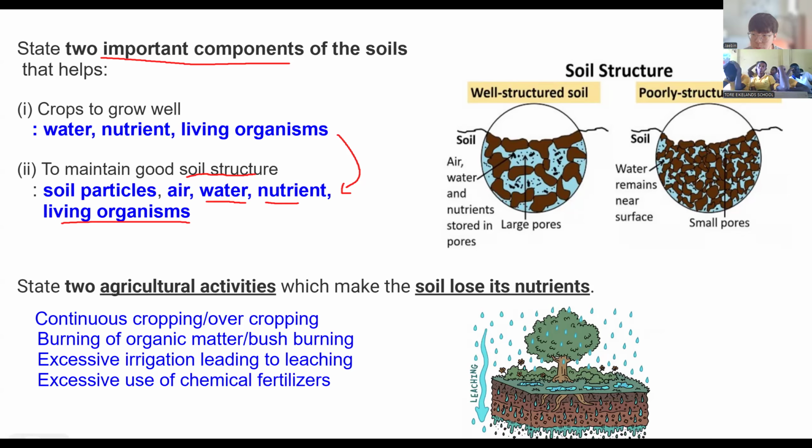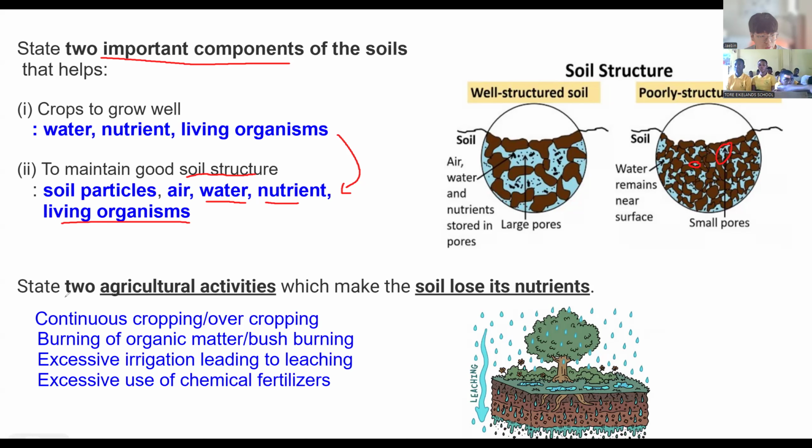But the poorly structured soil has small pores or large pores. It's not even. So you can see here it has large pores, but over here it has small pores. And nutrients are not evenly spread. So that's why this is a bad and poorly structured soil on the right.